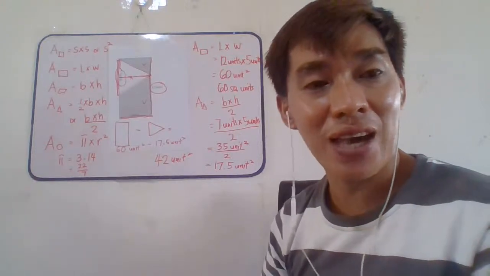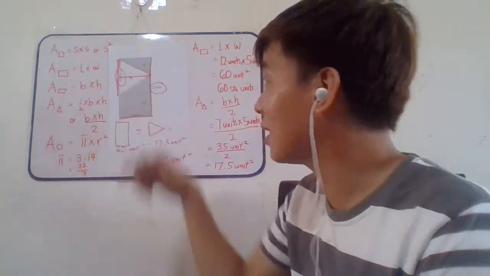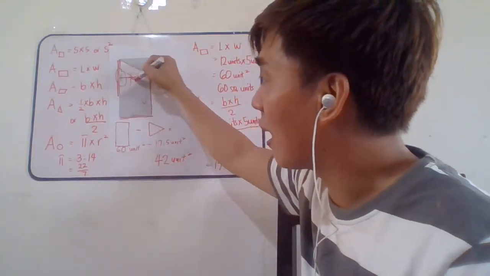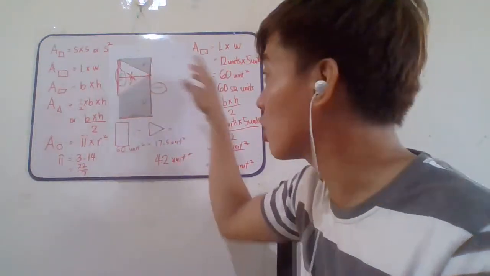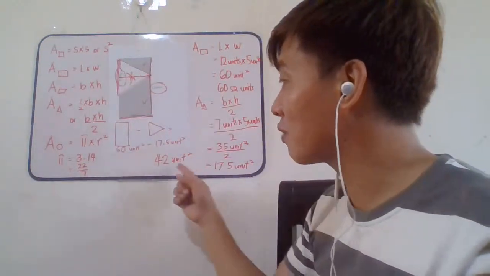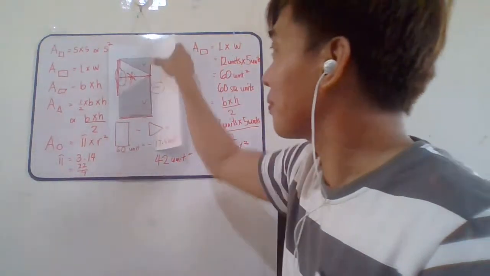That's the area of the shaded figure only, because we subtracted the triangle and are only solving the shaded region. So the correct answer is 42 units squared. Okay? Next one.